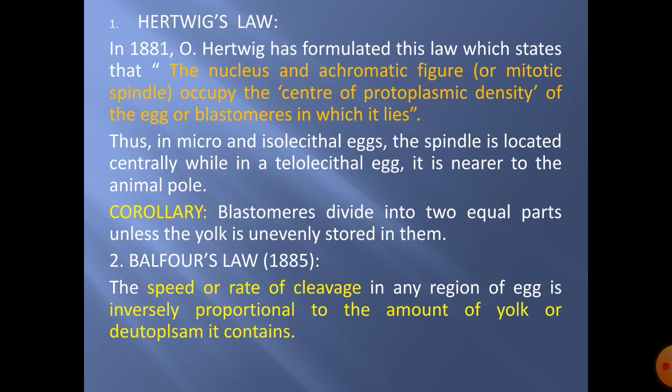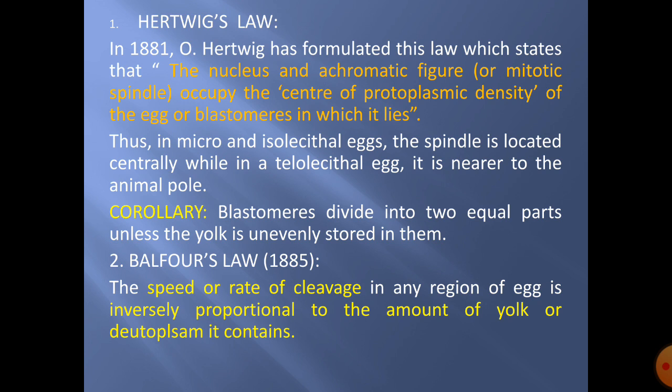Thus, in micro and isolecithal eggs, the spindle is located centrally, whereas in a telolecithal egg, it is nearer to the animal pole. A corollary has been given for this Hertwig's law to make the facts clear. The corollary states that blastomeres divide into two equal parts unless the yolk is unevenly distributed in them.